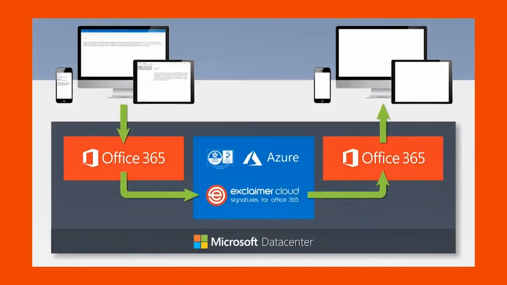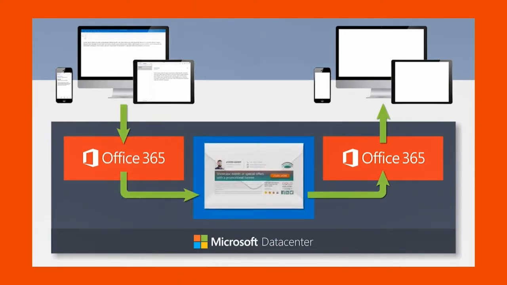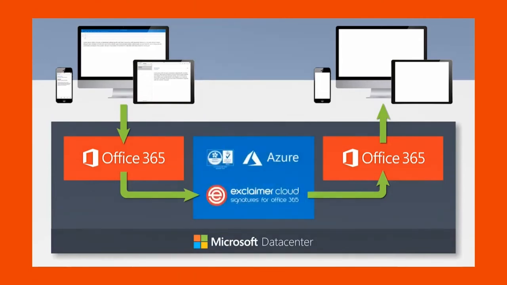Signatures will be applied after the email is sent. So we can use any device to compose and send that email without the signature present. The email reaches Office 365 and is sent to the Exclaimer Cloud service via a send connector. The send connector being triggered off the transport rule. So we've got full control over when that takes place.